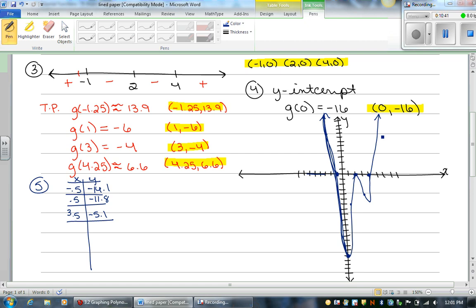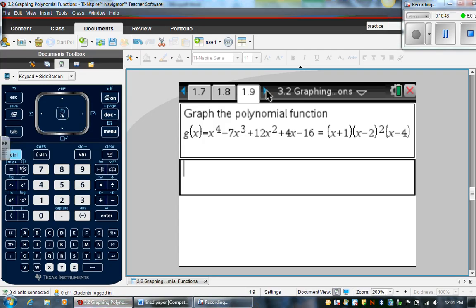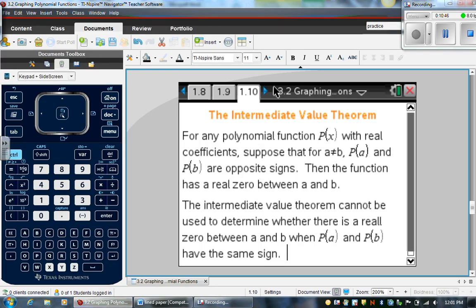The next thing I want to take a peek at is something called the intermediate value theorem. Basically, what the intermediate value theorem says is for any polynomial, say p of x, with real coefficients, and we're going to say that a can't equal b, if I have p of a and p of b, so I'm inserting some number a and some number b, if those two values, when I get them out at the end, have opposite signs, one's positive, one negative, then the function has a real zero in between a and b.